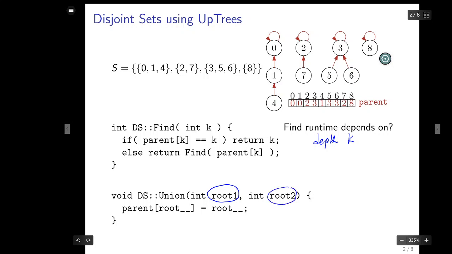What if they're not? What if I give you two keys, just K1 and K2, and I want you to union the two sets, the one set that contains K1 and the one set that contains K2? How would you do that?